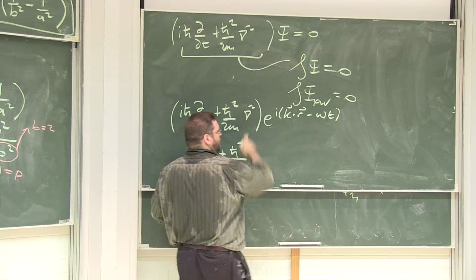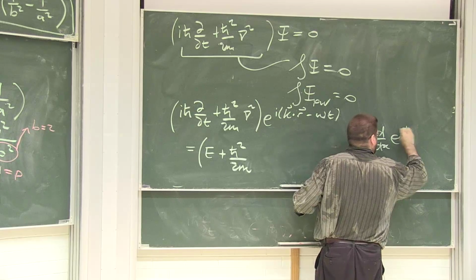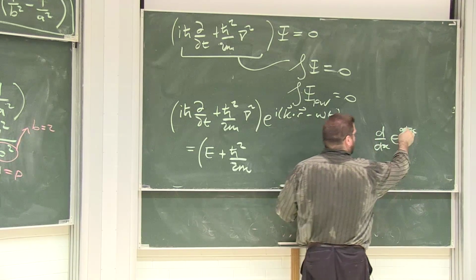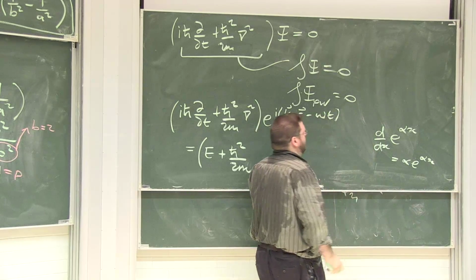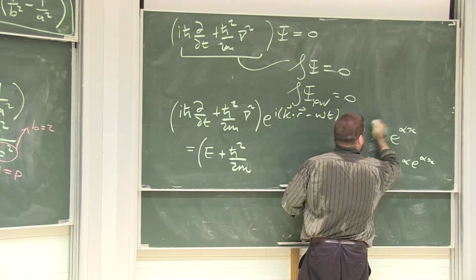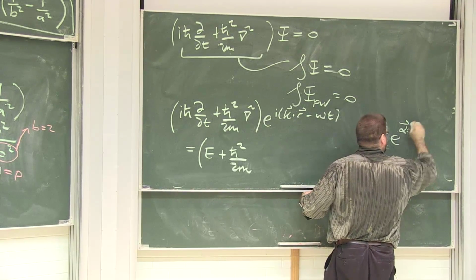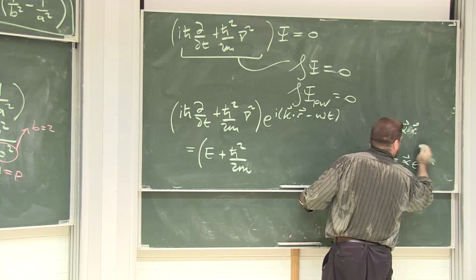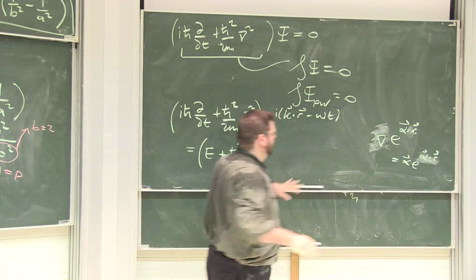If you were to differentiate e to the alpha times x, you'd pull out the alpha, right? If you were to take the gradient of alpha vector dotted with r vector, you just pull out alpha as a vector. Think about that, prove it to yourself with the chain rule.